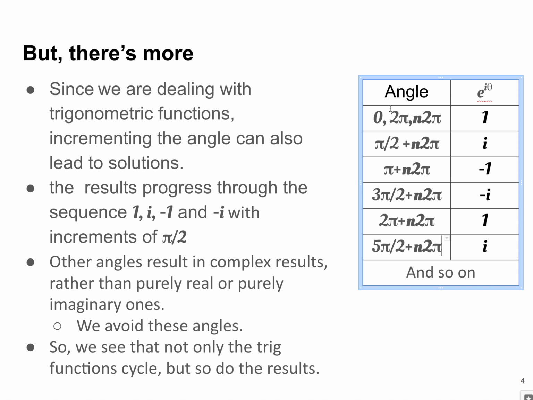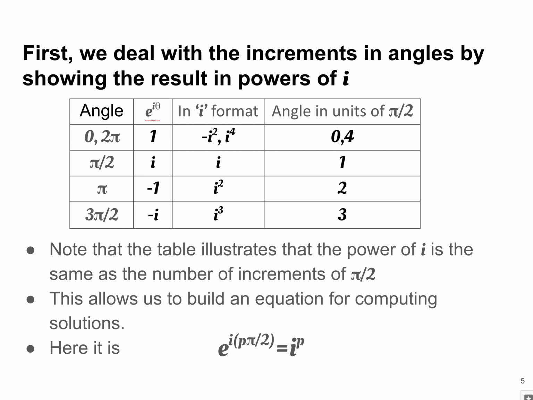So the trigonometric functions in Euler's equation repeat, but so do these results. And we can take that into account to evaluate additional solutions for the item we started with, I to the I. So if the angle is 0 or 2 pi or these listed here, e to the I theta is equal to these.